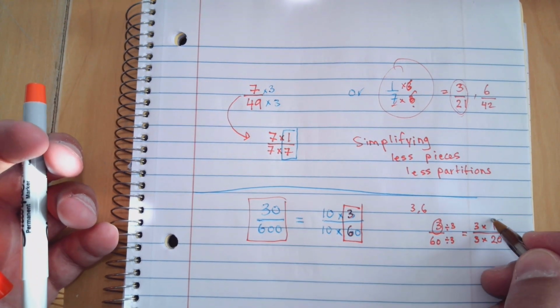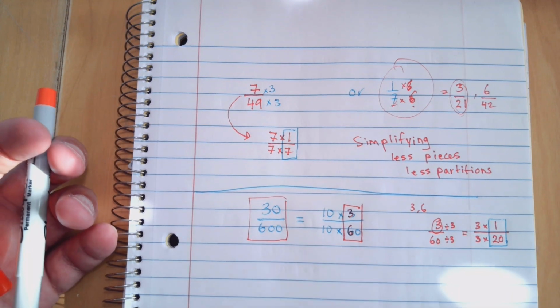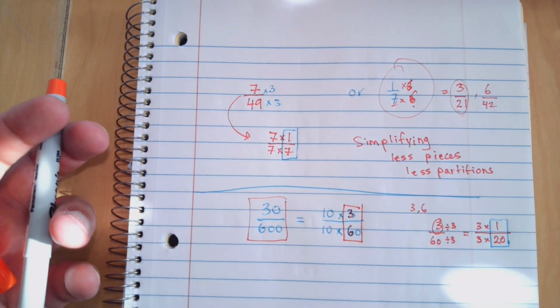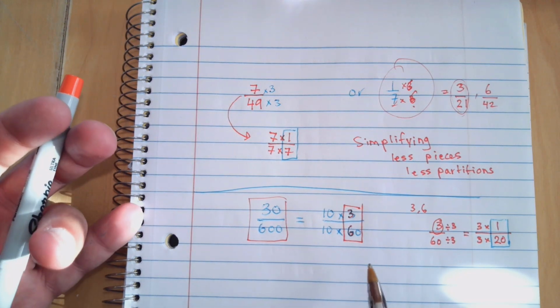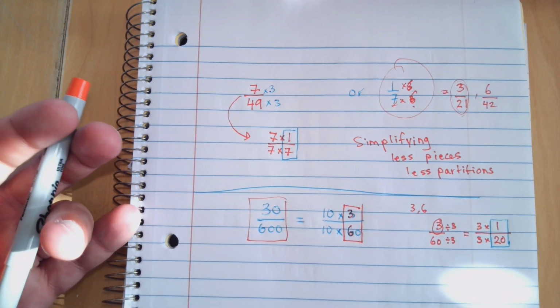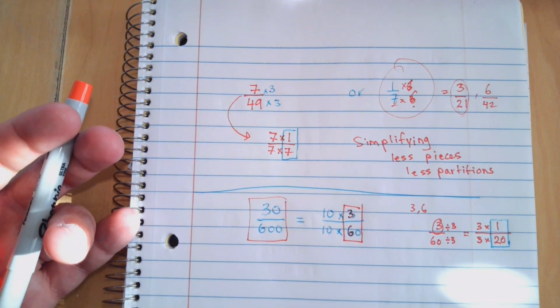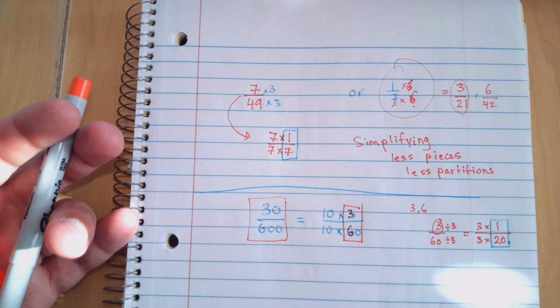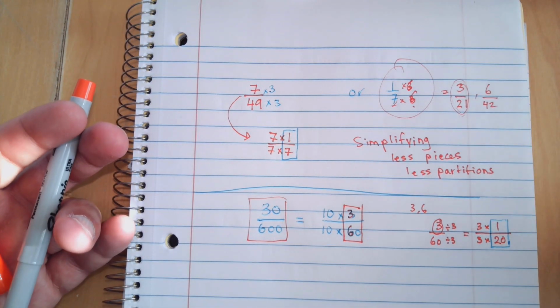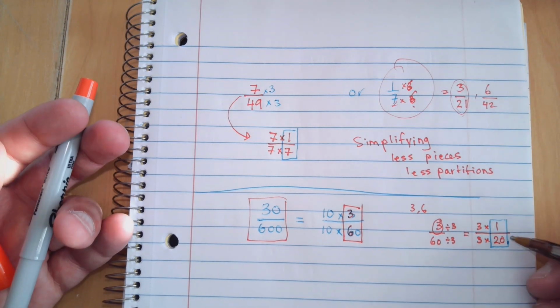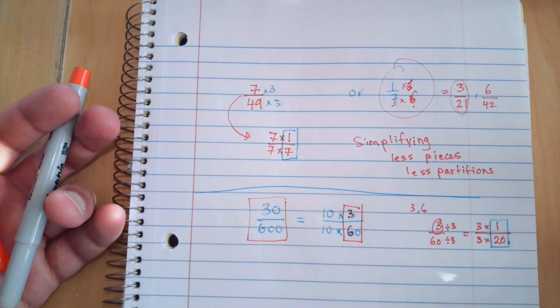So 1/20th is another equivalent fraction. Okay? Using simpler fractions is more helpful to you if you can find them, to create equivalent fractions from them, because it's less pieces and less partitions.